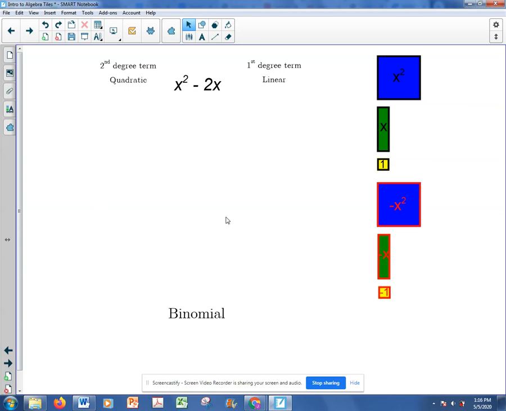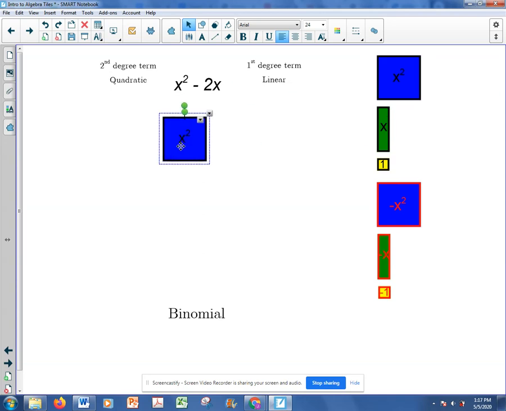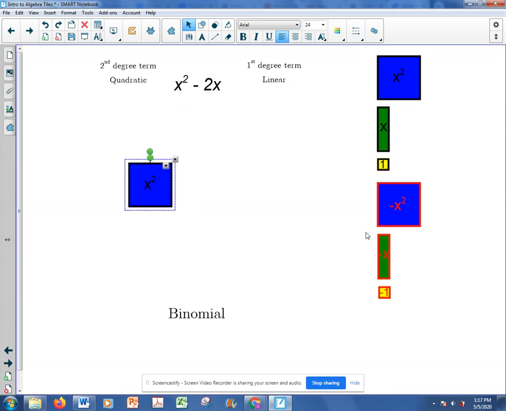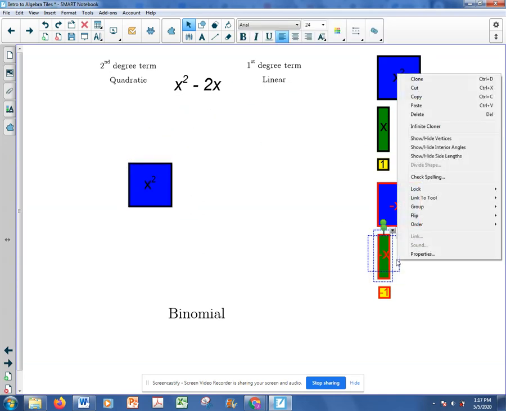Now here we go. This is a binomial because it's got two terms. I'm going to use x squared, the blue one, and then negative 2x. The negative means I'm down here in the red, and I've got two x's, so I'm going to use two rectangles. So I get a big square, and then two of the red rectangles.